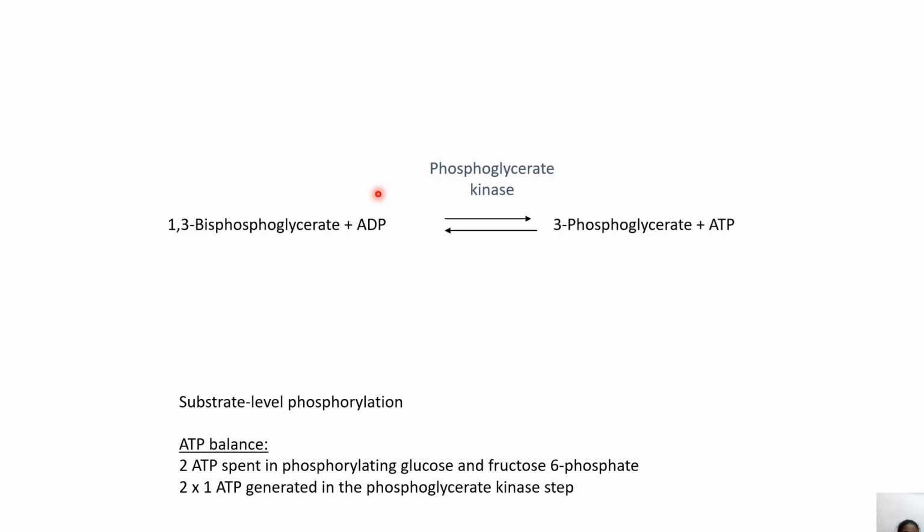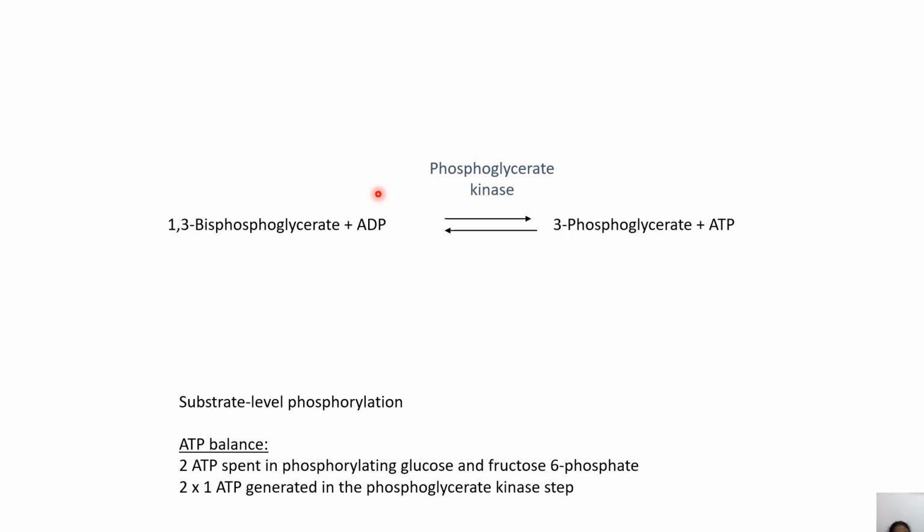So if you check the ATP balance over here, 2 ATP are spent in phosphorylating glucose and fructose 6 phosphate, and 2 into 1 ATP generated in the phosphoglycerate kinase step. Now, what do we mean by substrate level phosphorylation? It's a metabolic reaction that generates ATP or GTP by transferring a phosphate group from a high energy compound to ADP or GDP, right? It's an exergonic reaction that can occur in cytoplasm or mitochondria and under both aerobic and anaerobic conditions.